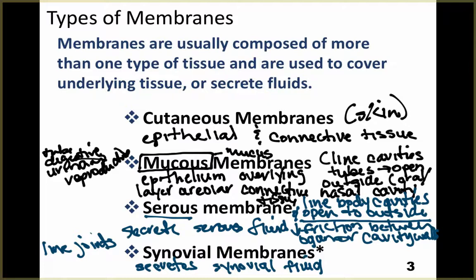These synovial fluids help to lubricate certain joints in the body. And the little asterisk is there because if you're reading through here, it's not going to talk about it. But when we get into joints itself, it talks about synovial membrane. So I wanted to add that here.